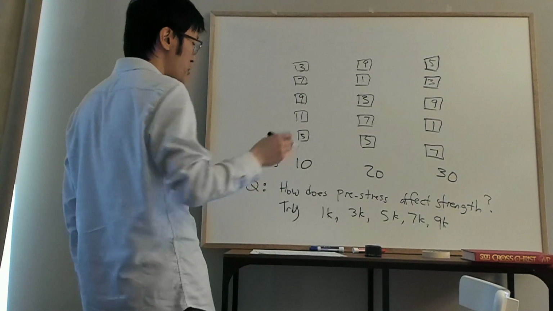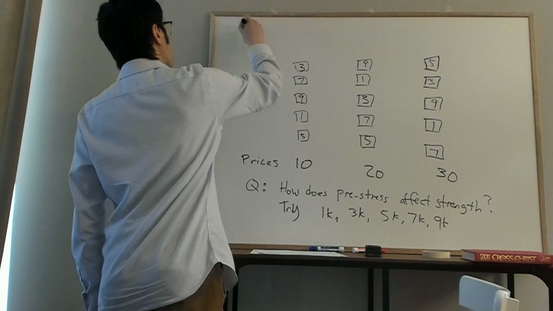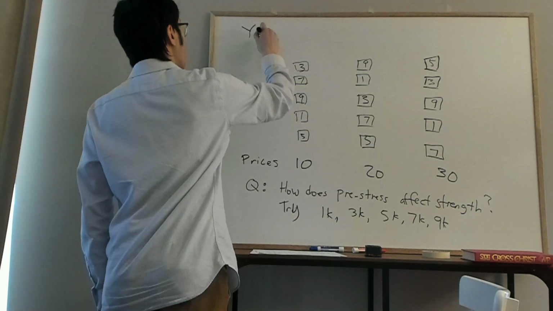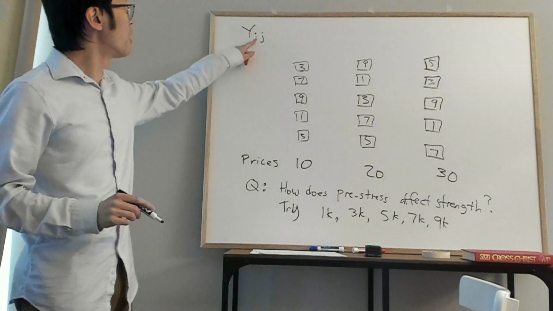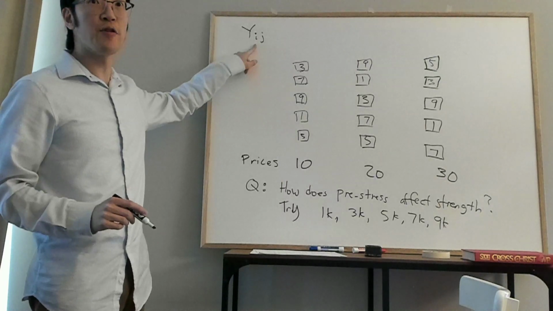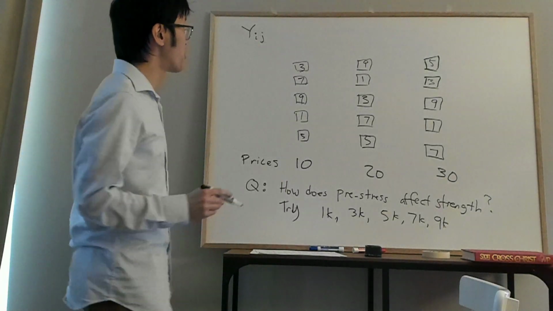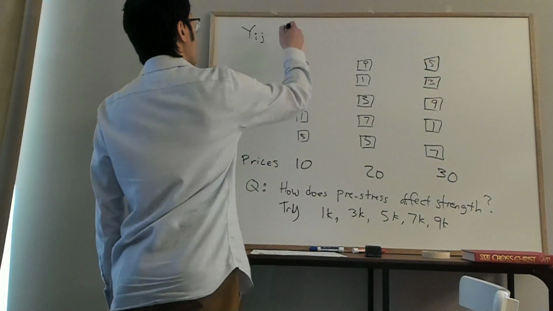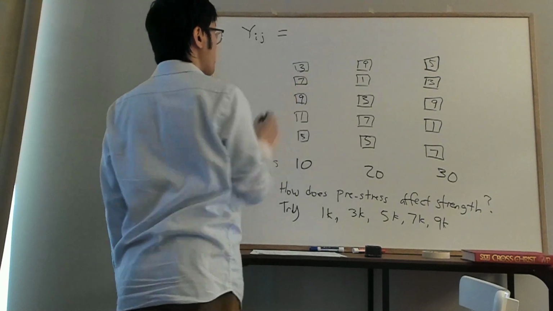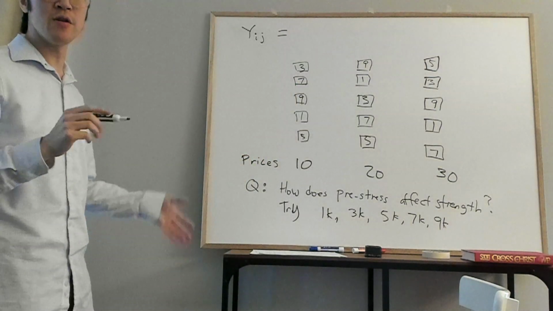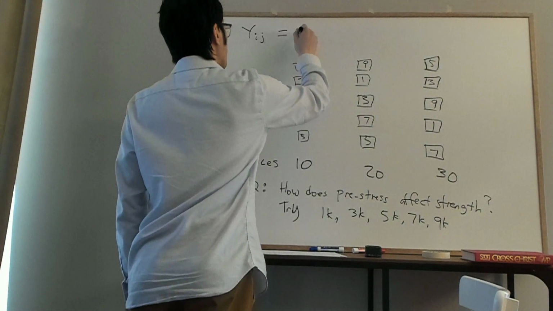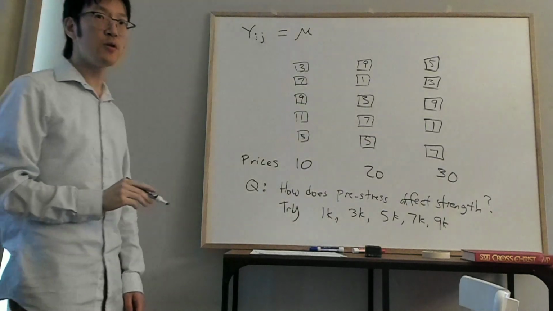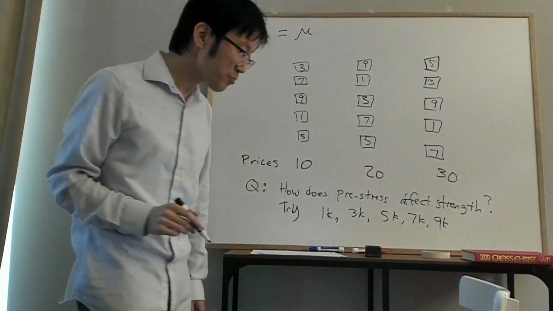So what we're saying is that we're going to model the response. We're going to call that y sub ij. This is the response in the ith treatment and the jth block. As before, we're going to model this as related to, in this case, three ingredients. The first one: we think of the response as varying from an overall mean, which we denote by mu.